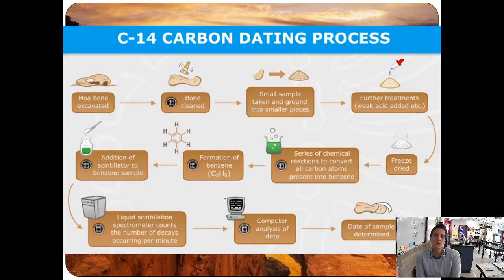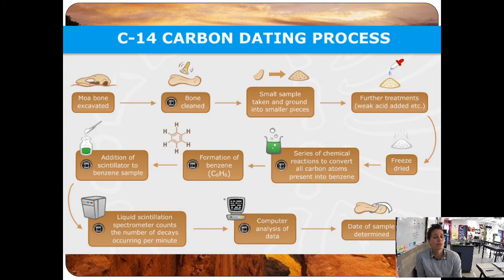Okay, so here's the process that they go through for this carbon-14 dating. You can see that they find something in the ground, so let's say a bone. They clean it and they take a sample, and then they dry it and take it through a series of chemical reactions, and then they put it in a spectrometer, and through that they can read on the computer the date of the sample.